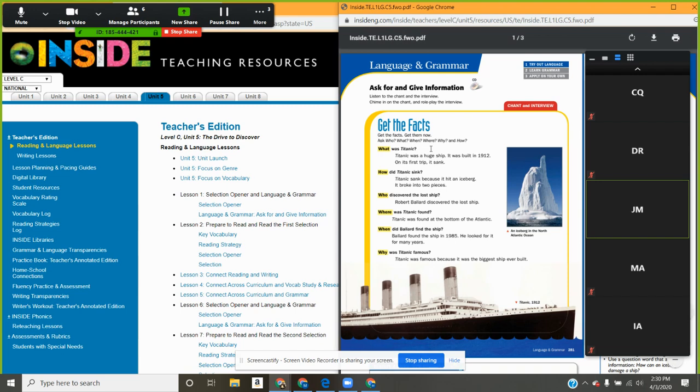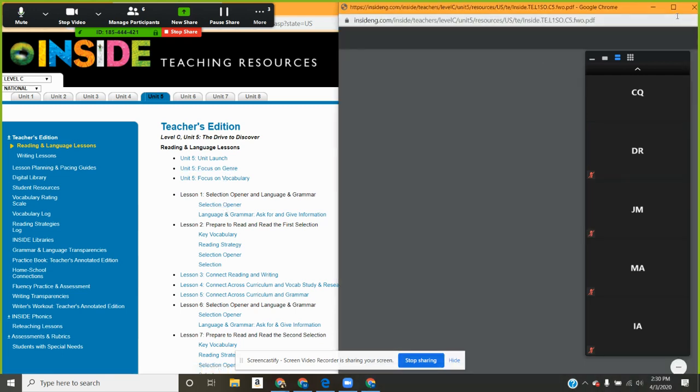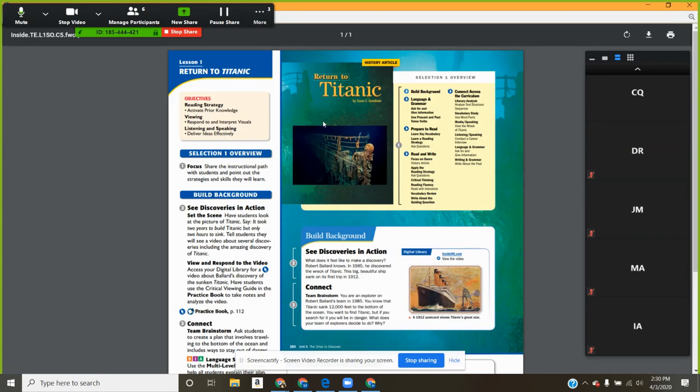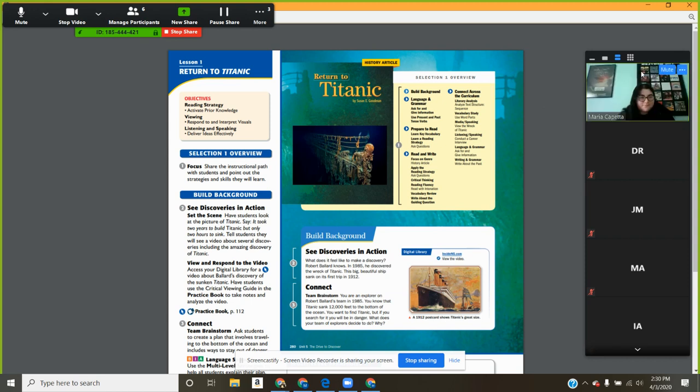Okay. So let me pull this up. This is the section opener, meaning this is the new reading that we're going to do. Our first reading, which we'll start actually after spring break, is called Return to Titanic. So what do you think it's going to be about? Yeah, it's going to be about the Titanic. And since we're talking about discoveries, it's going to be about people who found the Titanic, right?